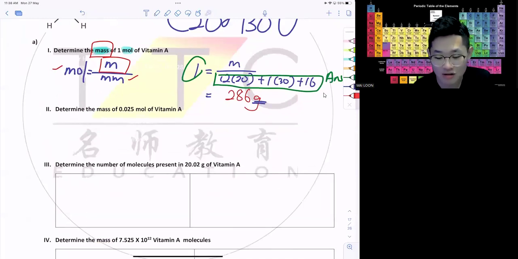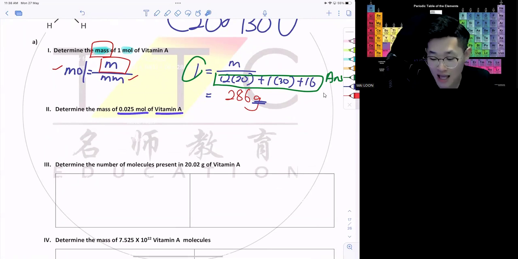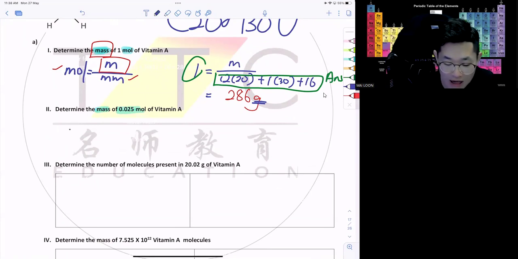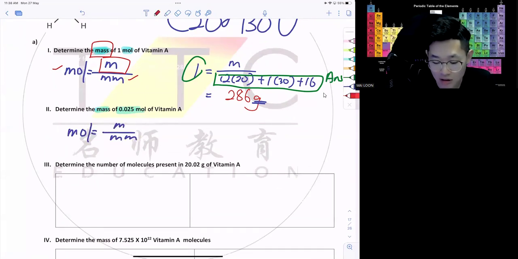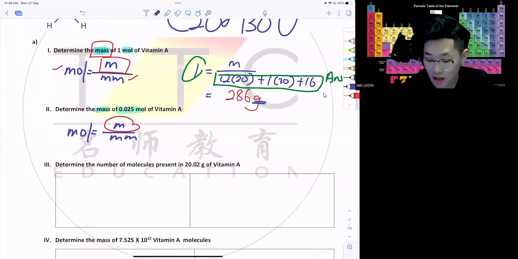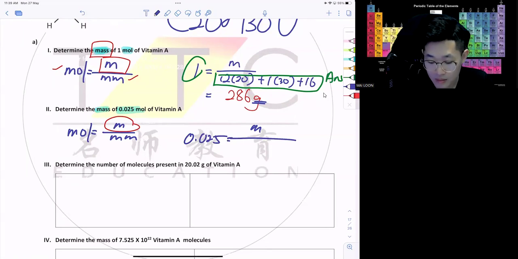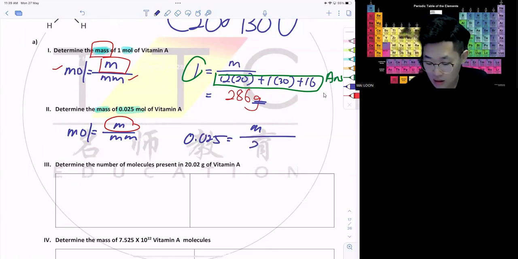Determine the mass of 0.025 mole of vitamin A. Same thing, they want mass. They gave me mole. So I use mole equals mass over molar mass. They want me to find mass. So I sub mole and the 286.